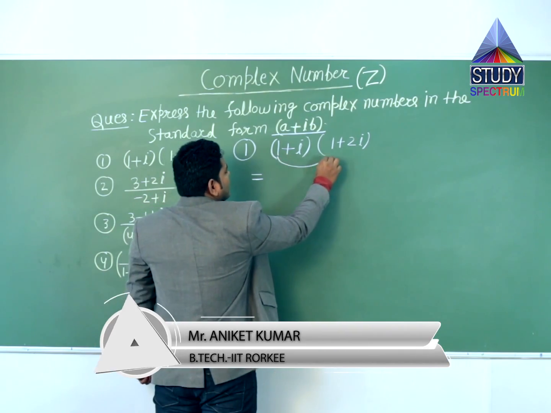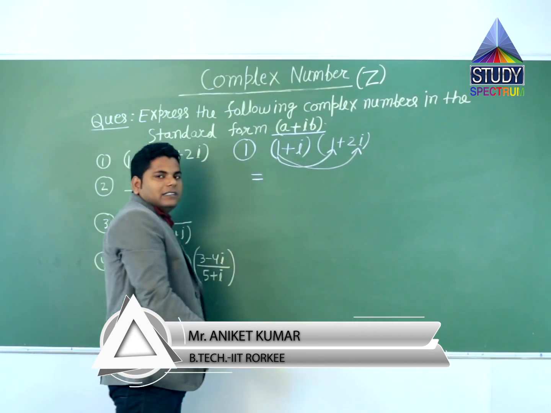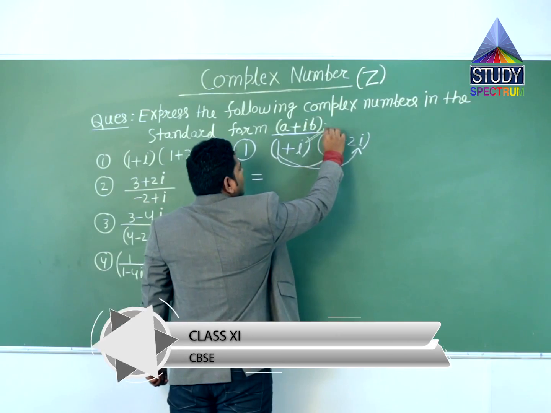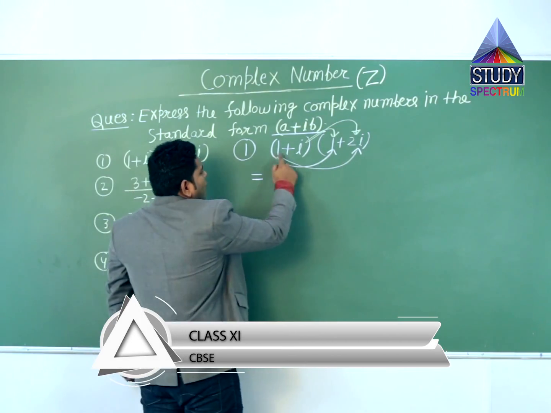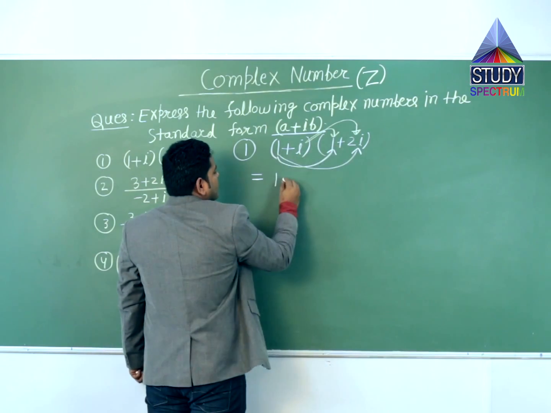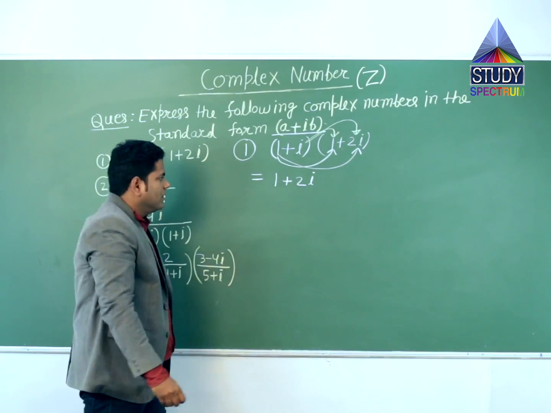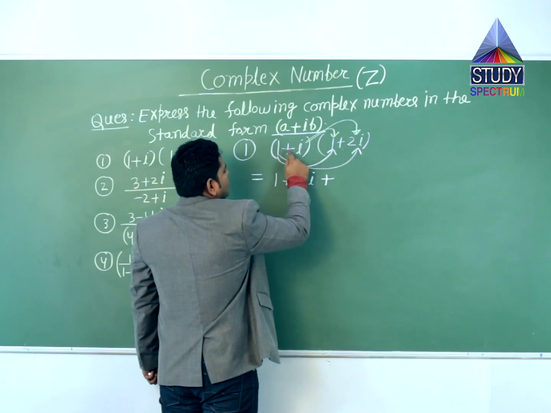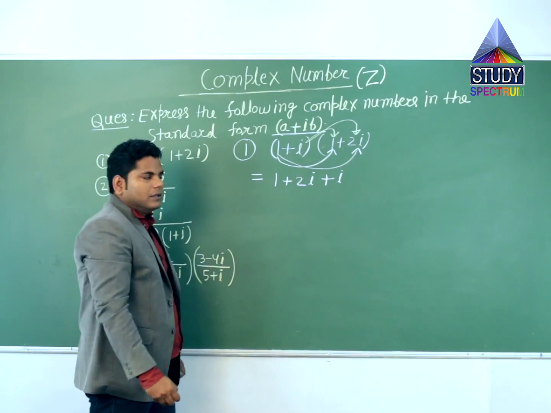So 1 will get multiplied with 1 and 1 will also get multiplied with 2i. In the same way, i will get multiplied with 1 and this i will also get multiplied with 2i. Okay, so 1 into 1 is 1, and 1 into plus 2i, plus into plus is plus, and 1 into 2 is 2 and i is there, so 2i, plus i into plus 1, so plus into plus is plus and i into 1 is i.